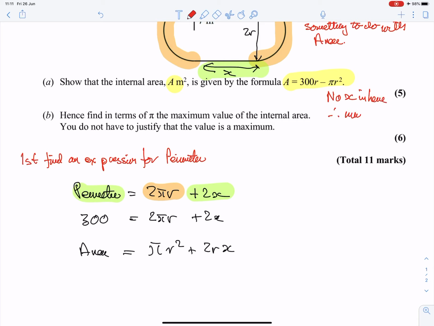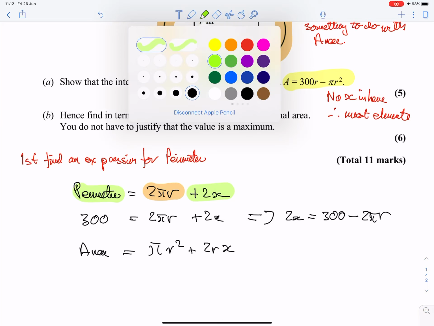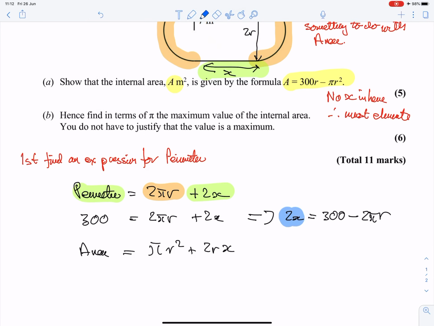Therefore we must eliminate x, usually by substitution. So we can see from here, this implies 2x is equal to 300 minus 2 pi r. And then I can substitute this 2x into here.